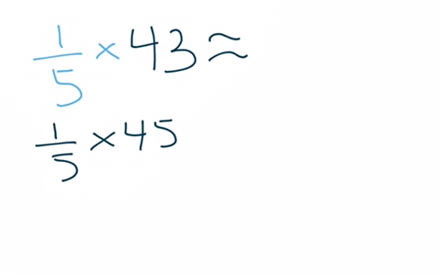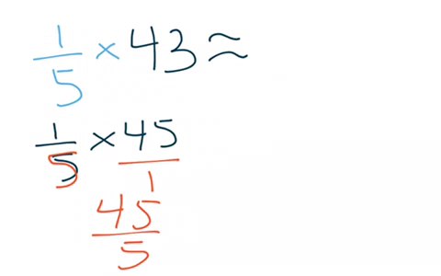So remember, since our denominator is 5, it's going to be 45 over 5, okay? So that means I'm going to draw 5 sections here. I'm terrible at drawing this, guys. Not very good at it. Let's try that again.